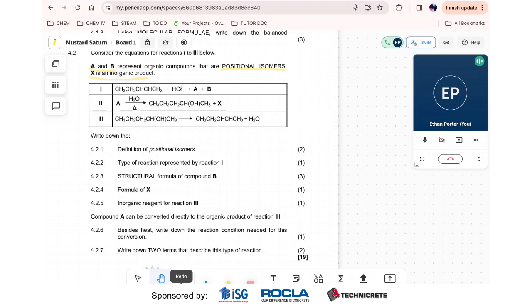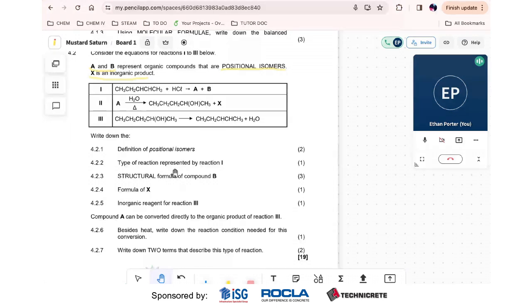So on the chain, in 1 butanol, the OH group is at the end, and in 3 butanol, it's in the middle of the chain. So you can phrase it how you like, but compounds with the same molecular formula, but different positions of the side chain, I suppose, substituents or functional groups. So the butanol example, it's different positions of functional groups.